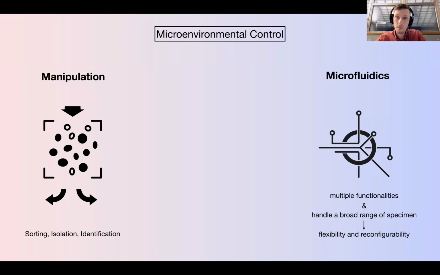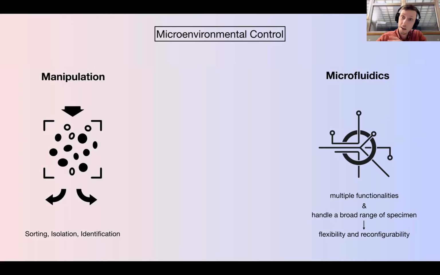If you think about lab on chip devices, you want to have multiple functionalities. You don't just want to do sorting. Maybe you also want to do isolation afterwards, then an imaging part, or cultivate cells later on once you isolate them. You can make this quite complicated, but doing this in a single device is quite complex, as you can imagine. Sometimes you require multiple layers on top of each other.